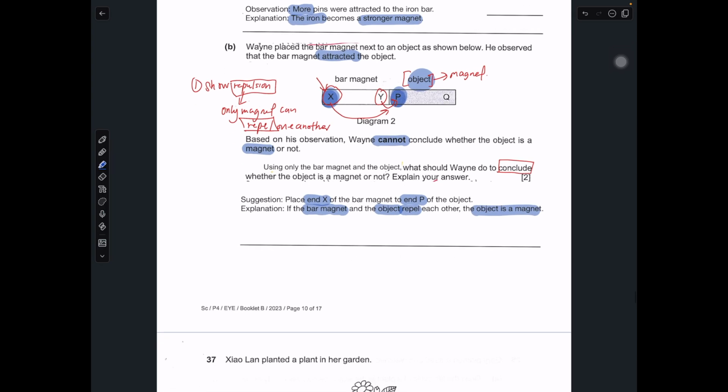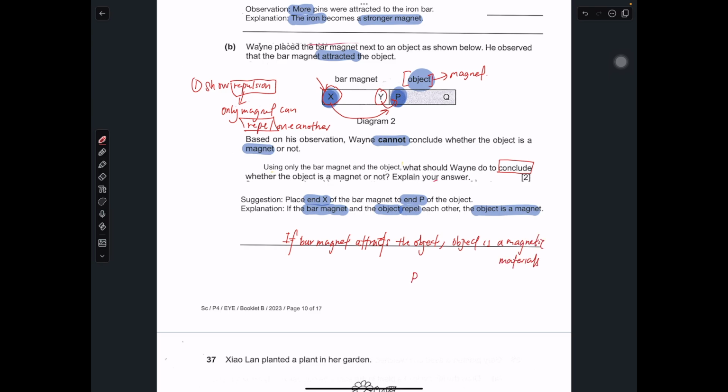Okay? If it still continues to attract, right? If the bar magnet attracts the object, then the object is a magnetic material.